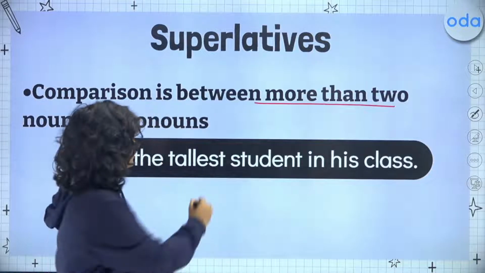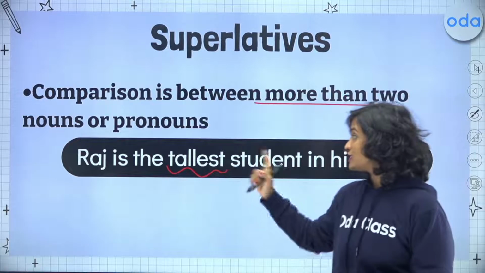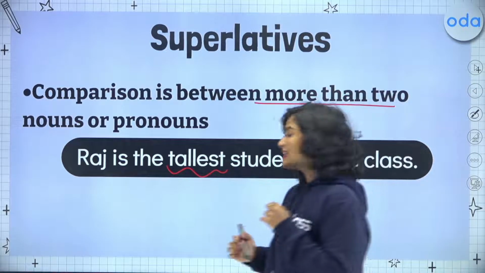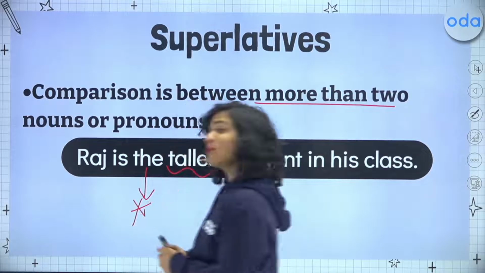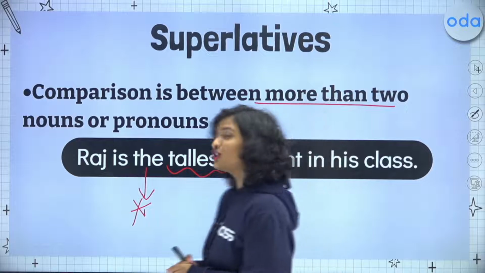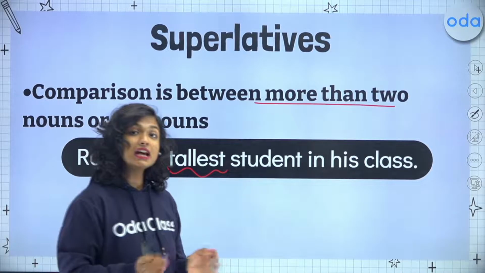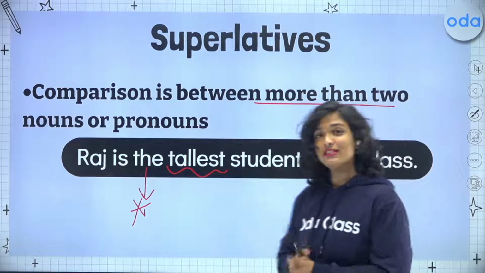So here, students, notice we have our superlative adjective, which is tallest. But I want you to also notice that we have used an important word here, which is the. Students, if you do not know what the is, it is a definite article. And I have talked about this at length in one of my previous videos.